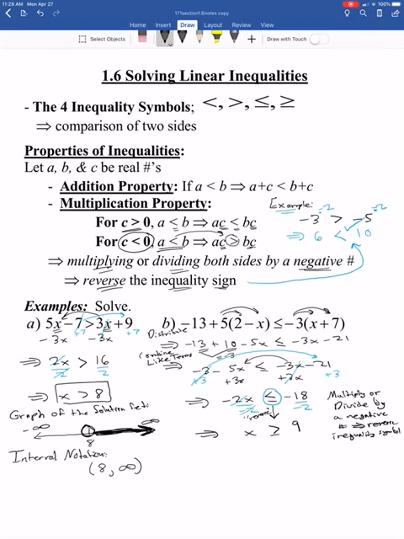So if you want, we can go ahead and graph the solution set. Let's put the graph here beneath it. Graphing the solution set, here's all real numbers x, negative infinity to infinity, and our critical value is 9. Now 9 is a solution, so instead of an open circle, we'll put a closed circle or a bracket.